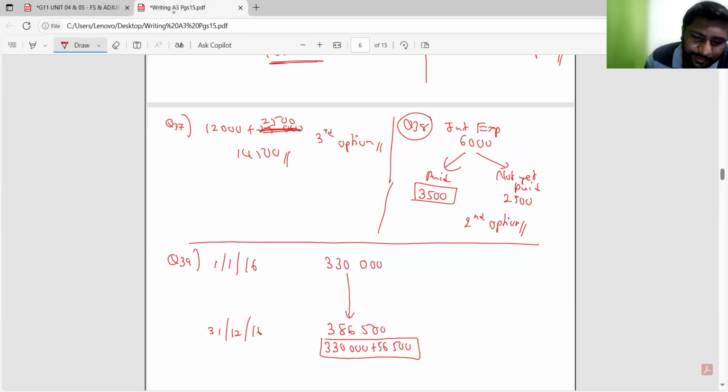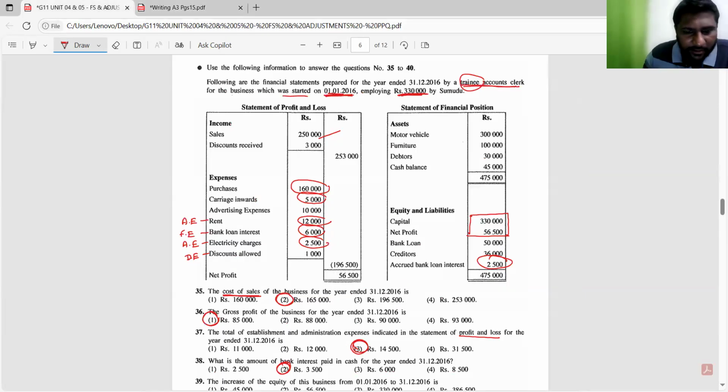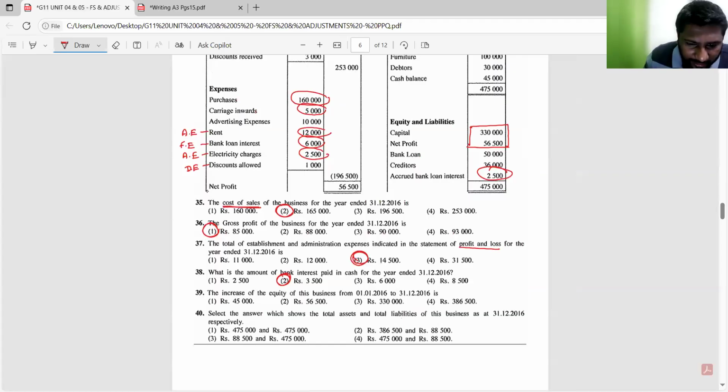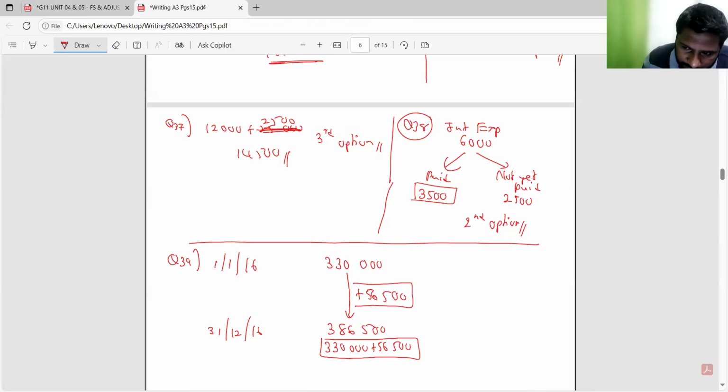So it has increased by how much? 56,500. Simply from the profit amount, it has increased. So 56,500 is there in the second option.